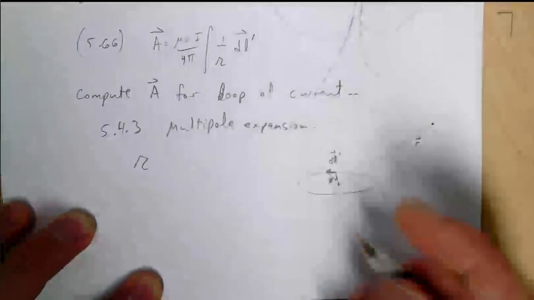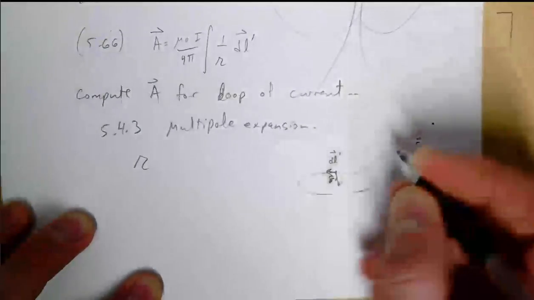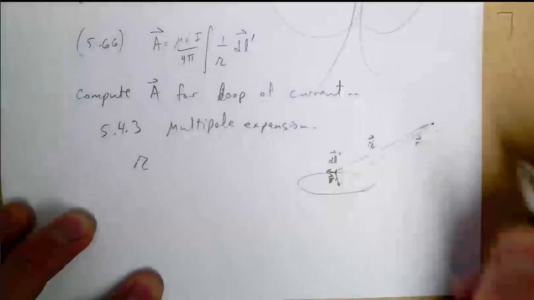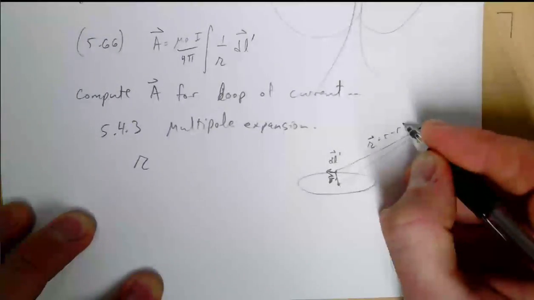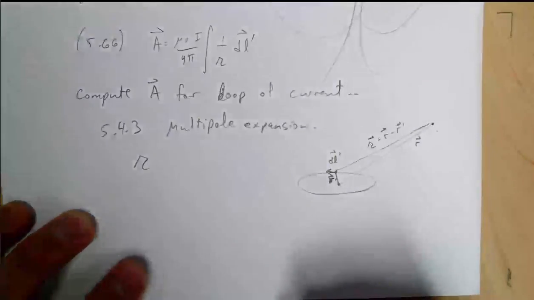If you can read my handwriting, r prime points to this little piece of current, and then my script r connects the two. This is going to be r minus r prime, just like we did before. Okay, that's kind of interesting.